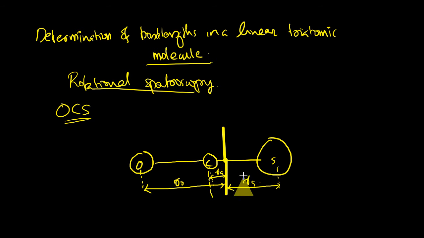Now I am going to make two other measurements: the distance from oxygen to the center of the carbon, this distance is RCO, that is nothing but the CO bond length, and the distance between the center of the sulfur atom and the carbon, this bond length, is RCS, the carbon-sulfur bond length.